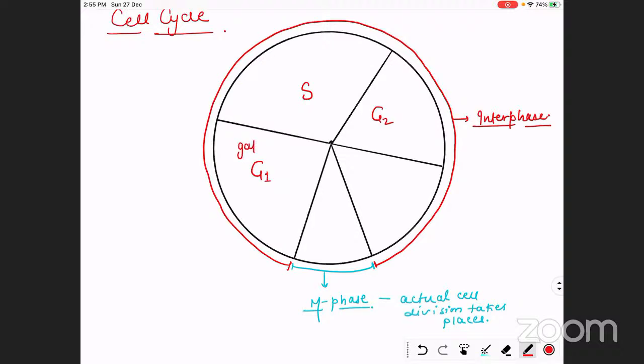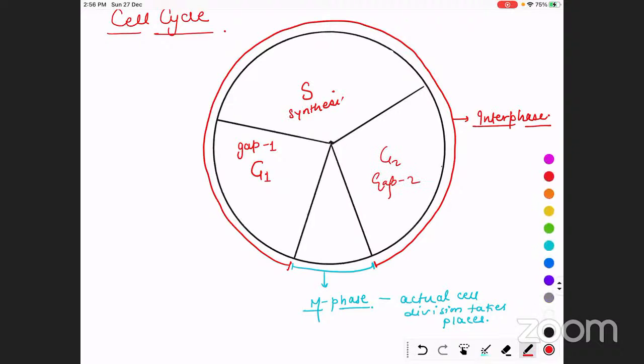This is the gap 1 phase, synthesis phase, and gap 2 phase. This is the G2 phase, the gap 2 phase.